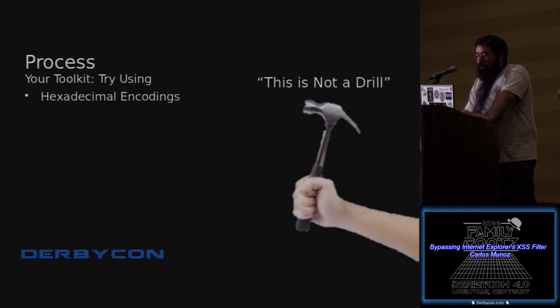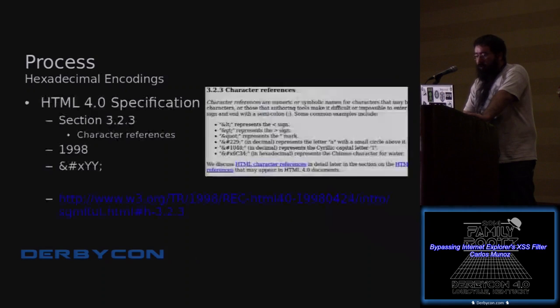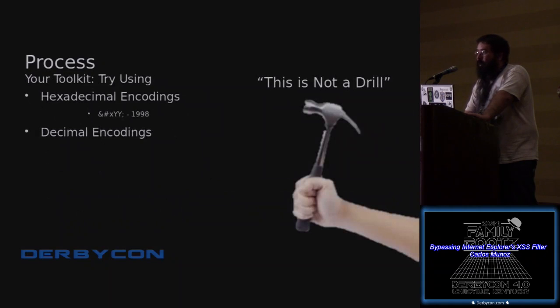So, things to use. In terms of landing, it really depends on what the context is that you land in. Often in attribute spaces, you can use hexadecimal encodings, which are part of the HTML 4.0 specification back in 1998, which start as ampersand hash x and some alphanumeric hexadecimal reference to a character followed by a semicolon.